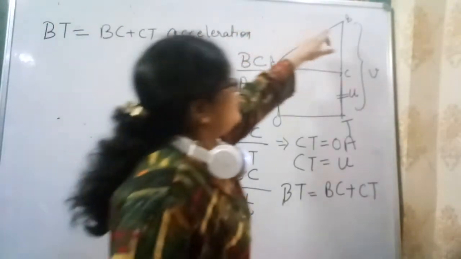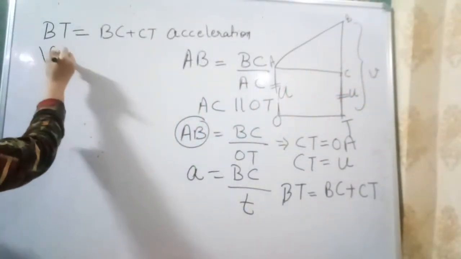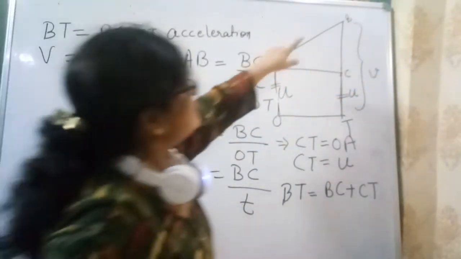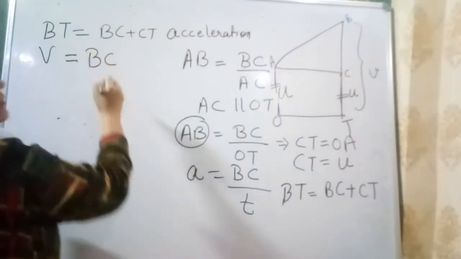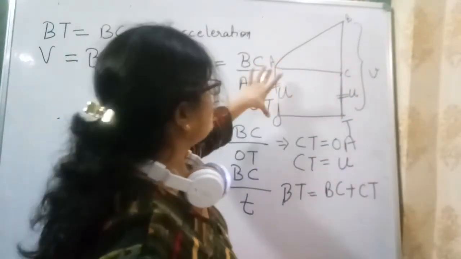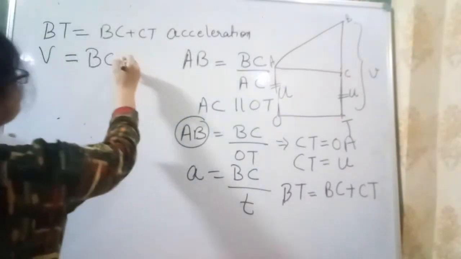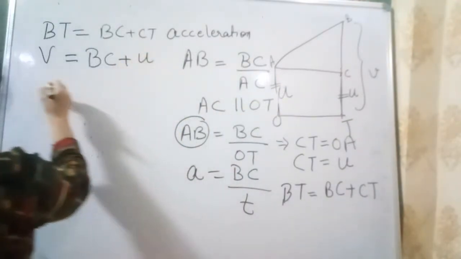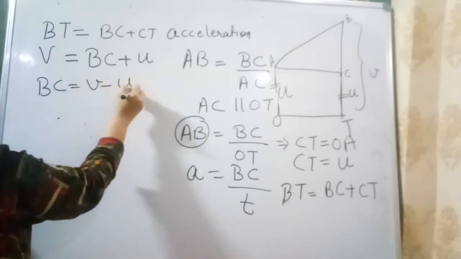Now BT whole is V. And BC we don't know. And the value of CT is U, because CT is equal to AO. That's why we put CT is equal to U. That means the value of BC is equal to V minus U.